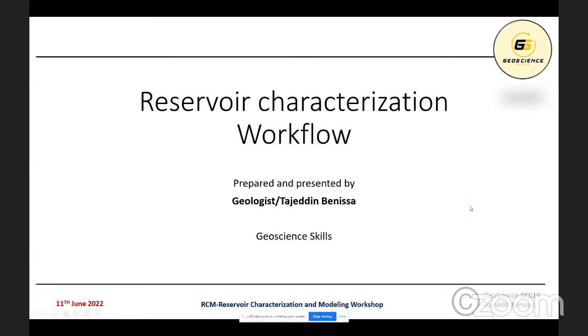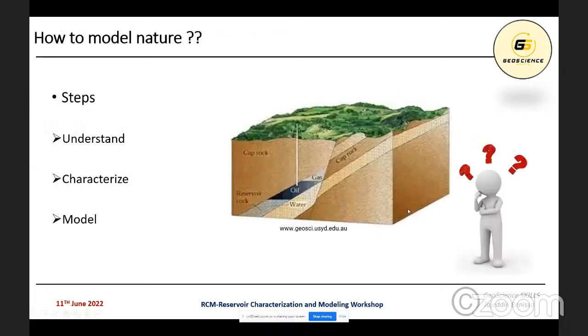Okay, now we come to reservoir characterization and the characterization workflow. I intended to put this slide again just to remind us of the steps, how we can model the complex things in nature, or how we can model nature. We said that we need to simplify to understand nature.